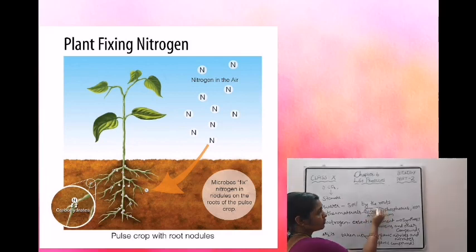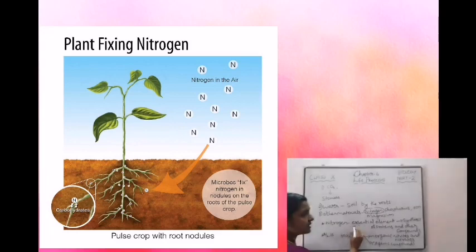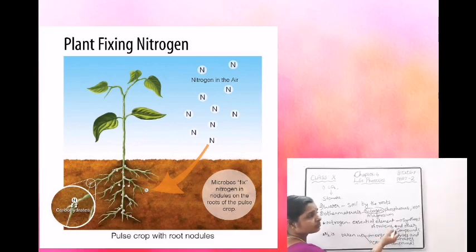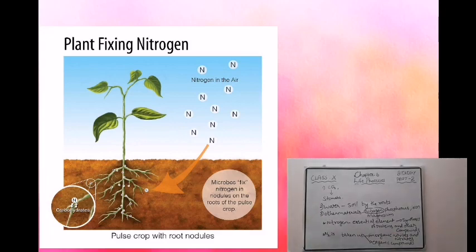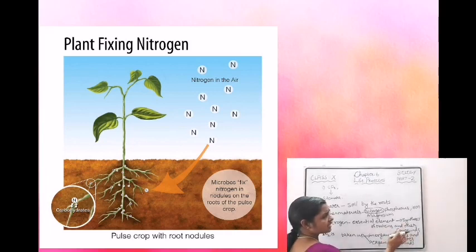Why is it very important? Because nitrogen is an essential element for the synthesis of proteins and other compounds in the plant body.